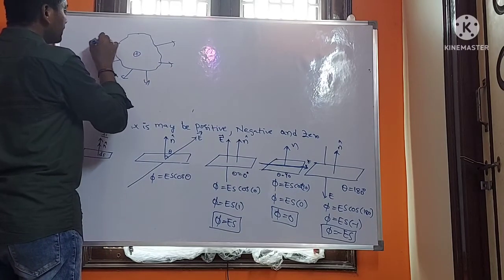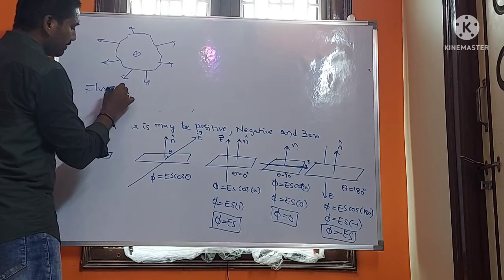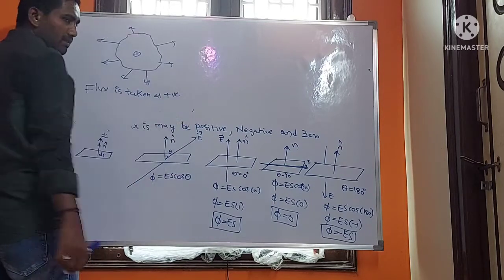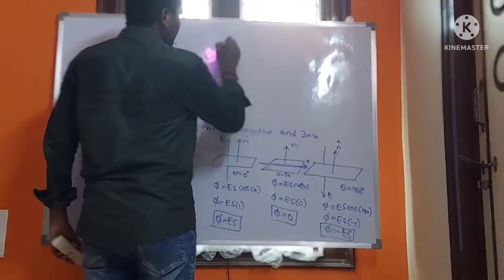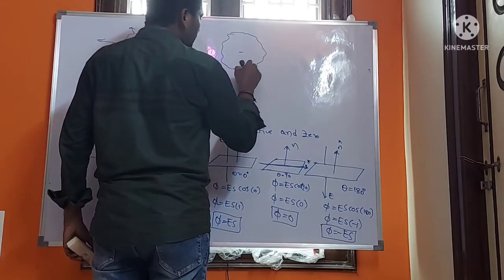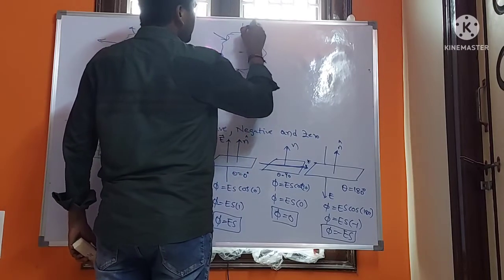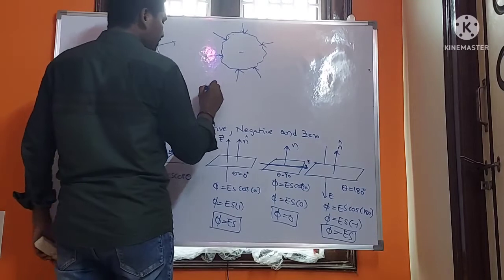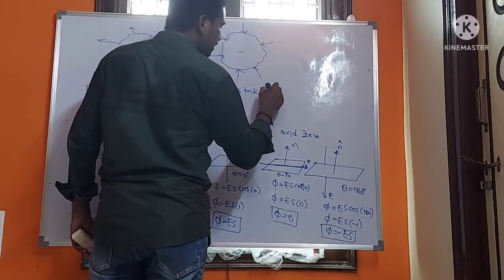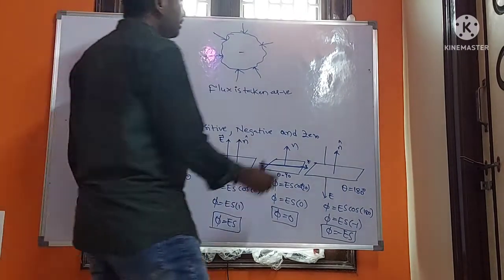In this case, the flux is taken as positive. Another case: here is a negative charge. For a negative charge, the electric field always ends in the inward direction. In this case, the flux is taken as negative.